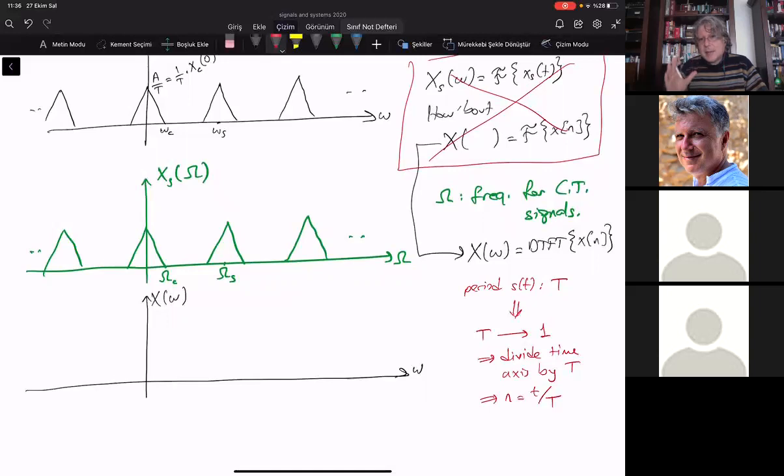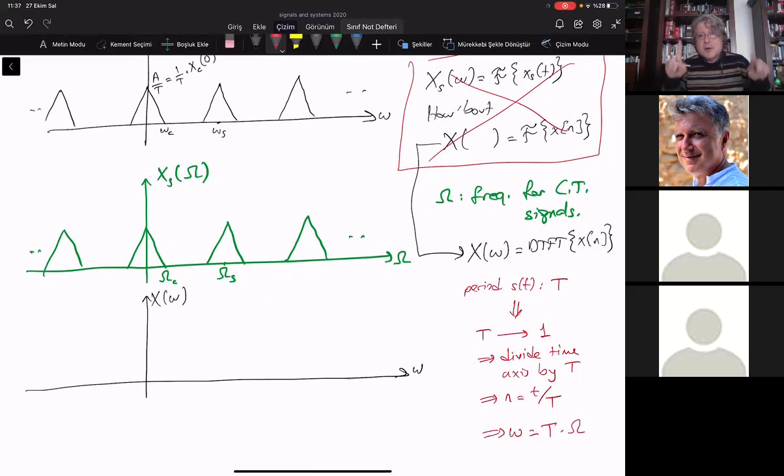And conversely, the frequency corresponding to the discrete time Fourier transform, the lowercase omega, is like multiplying the frequency in continuous time by capital T. Because if you divide something in time, you have to multiply with the same in frequency.